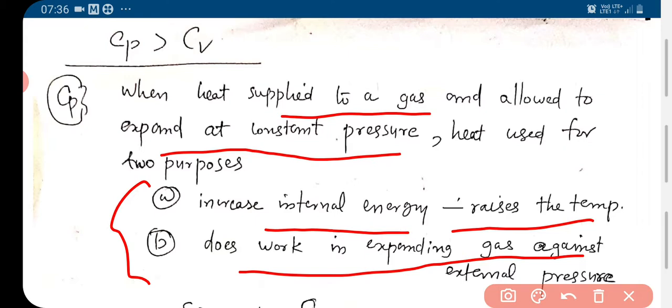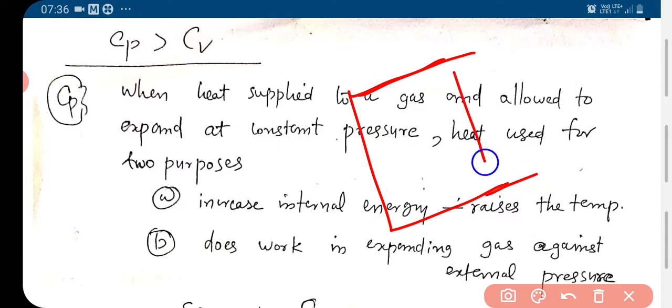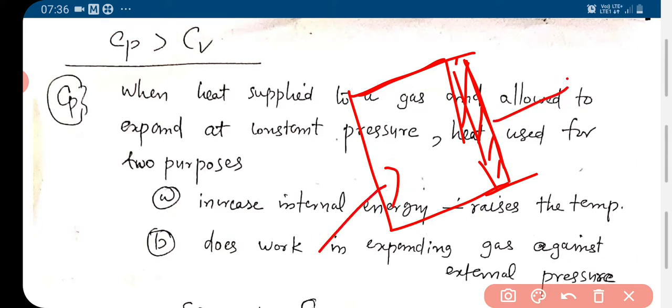So we have a gas taken in a vessel, and this is the piston. When you supply external heat, a part of it is used for increasing the internal energy, and as internal energy increases, the temperature increases.